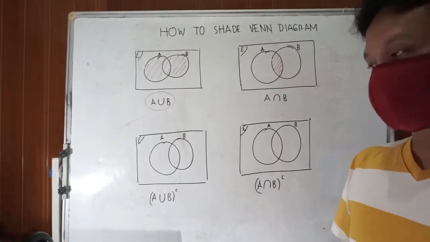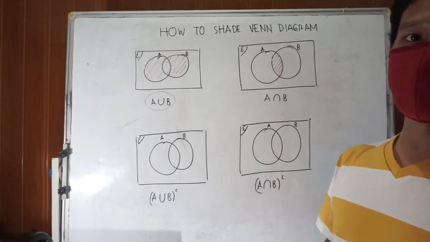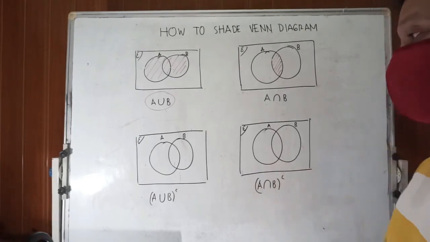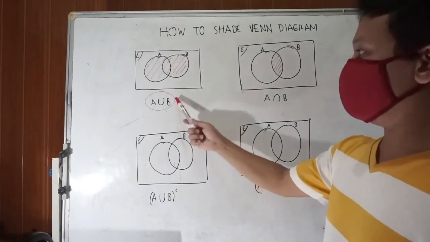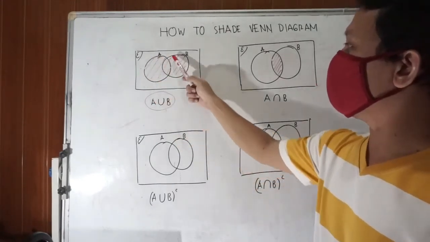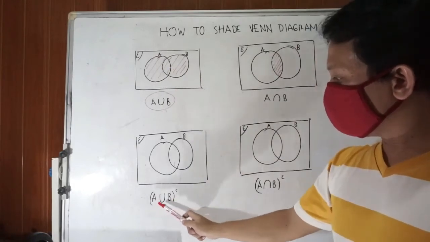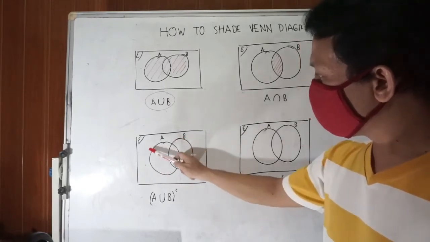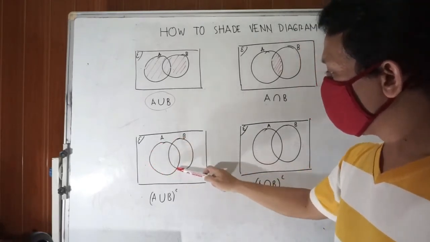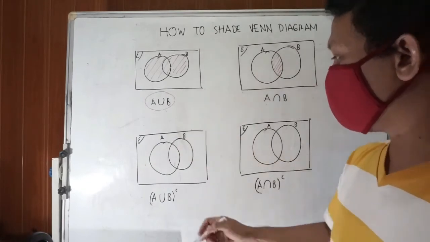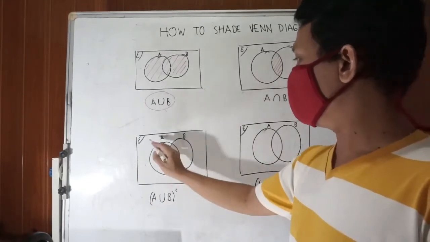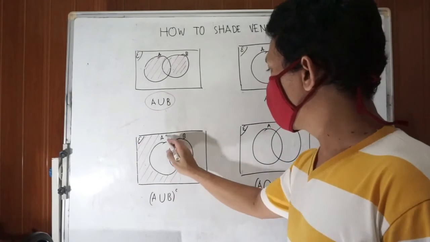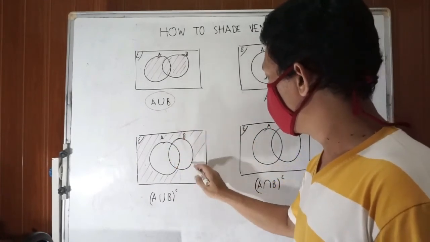Complement means out of A union B. So you have to shade all the area out of A union B. As listed above, A union B is all the area of A and B. So A union B complement means out of A and B. So the area of A union B complement is out of A and B. Okay?